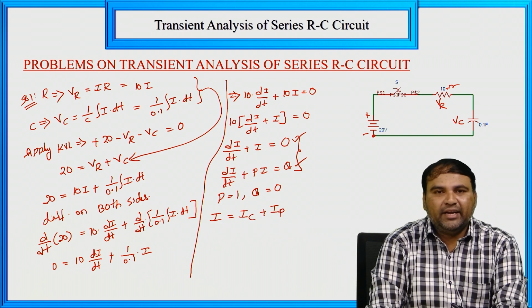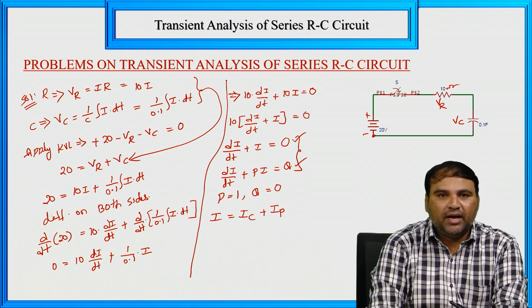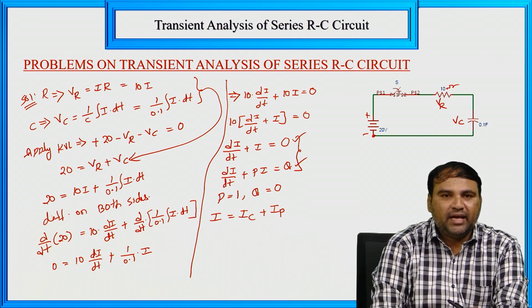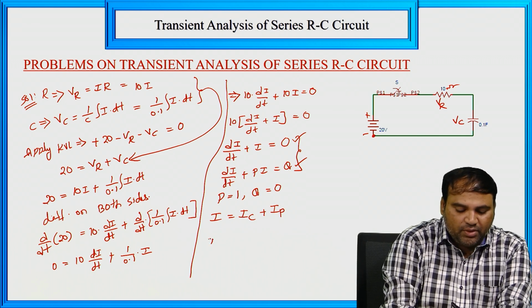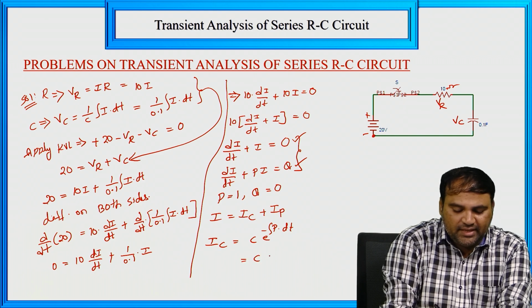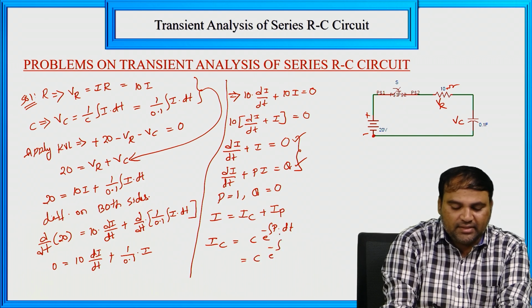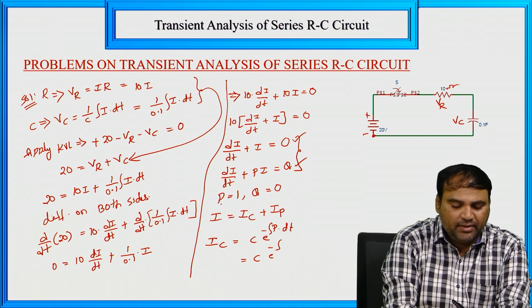The total current response of the given RC circuit is I equal to IC plus IP, where IC is the complementary function. We already know the equation: C into e power minus P dt, that is constant C into e to the power of minus P. What is the P value here? 1.